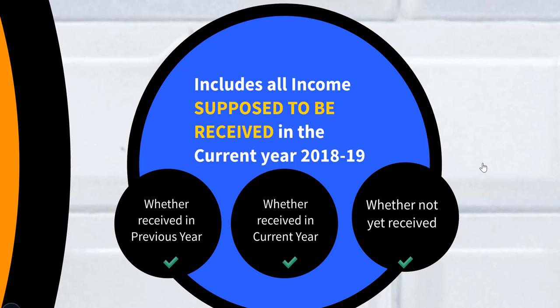Whether you received it in the previous year or whether you received it in the current year itself, or whether you have not yet received it even at the end of the current year, it does not matter. As long as it is supposed to be received in the current year 2018-19, whether actually received or not, it will be shown in the credit side or income side of the income and expenditure account.